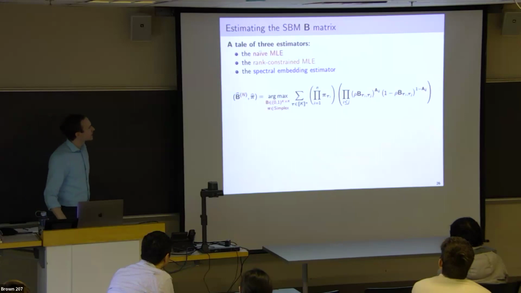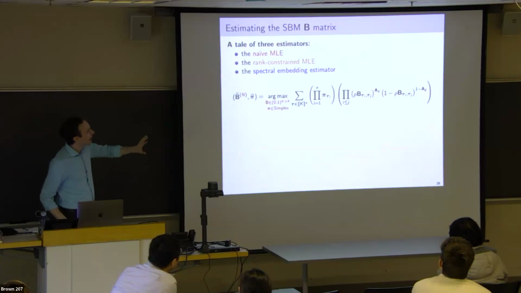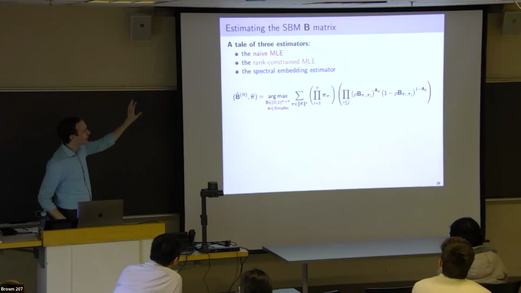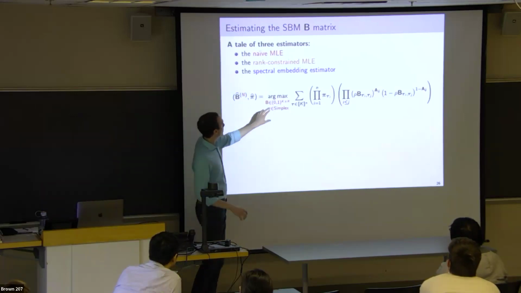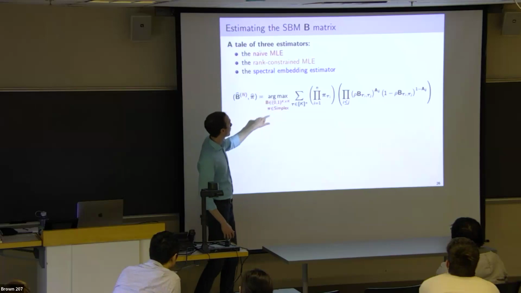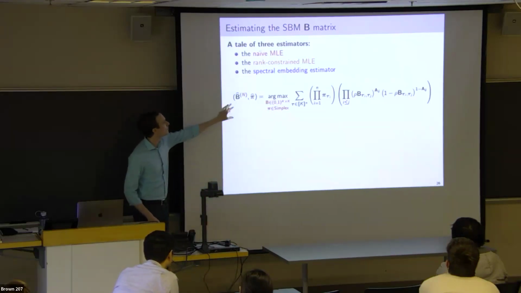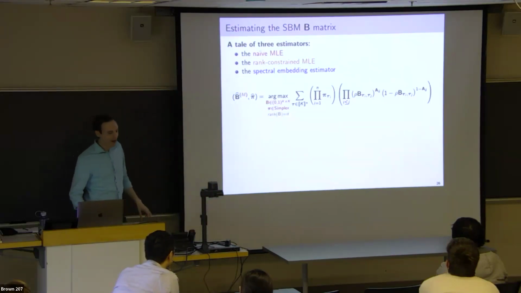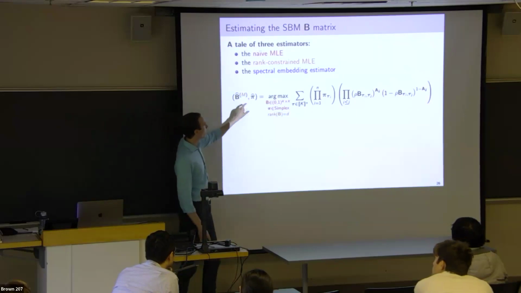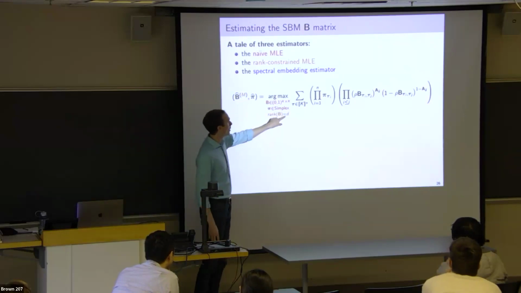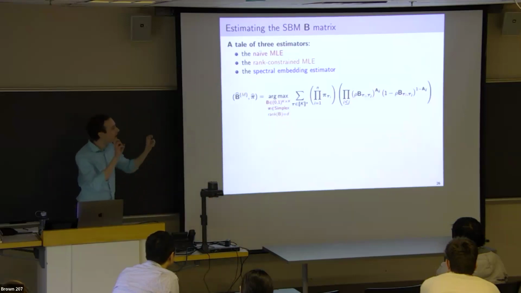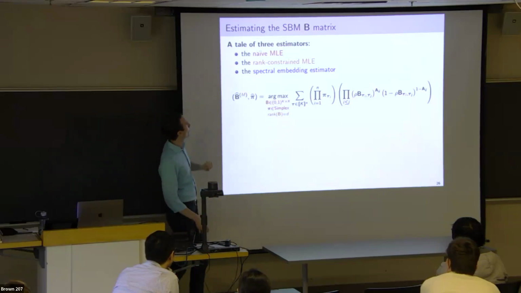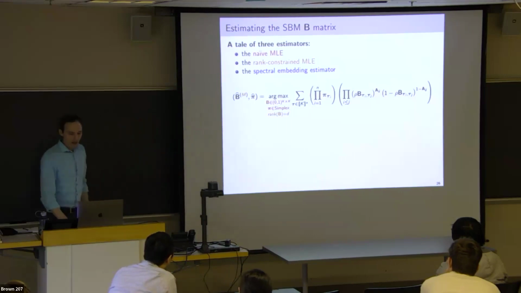We can further compare our asymptotic normality results to those that don't assume any knowledge of the rank of B, what are called naive likelihood-based methods, and a true likelihood-based method that accounts for the rank of B when B in fact has rank equal to D. So there are three estimators that we could consider: red, orange, and ours in blue.